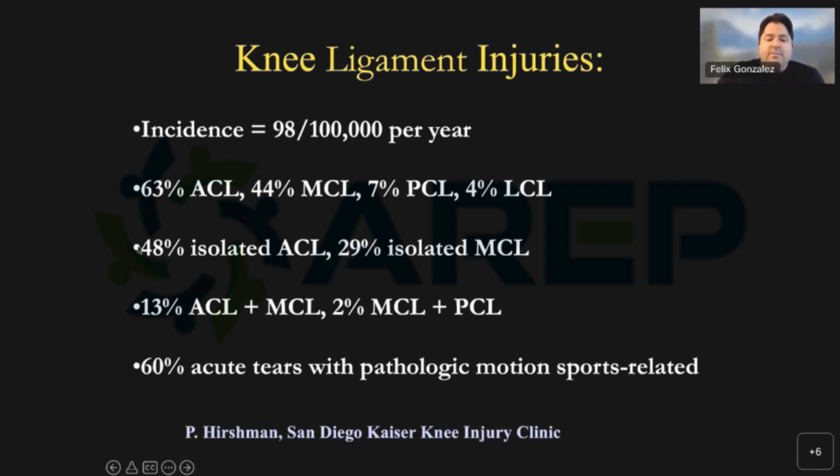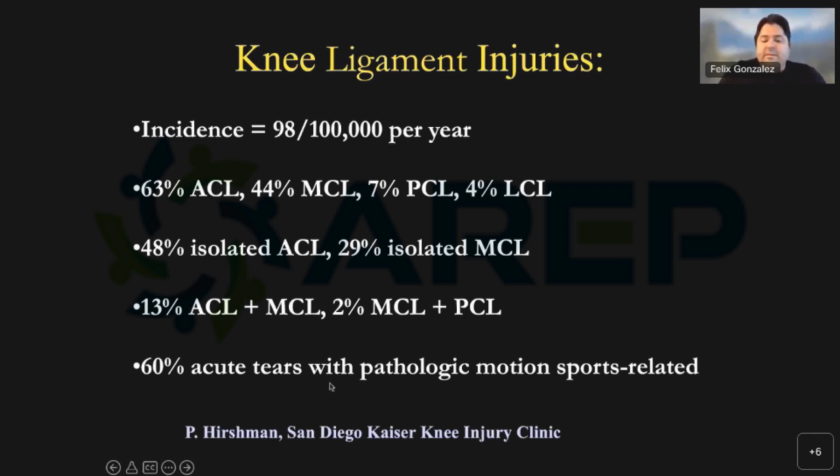To simplify this statistical information, almost 50% of those injuries are isolated to the ACL, and almost 30% are isolated to the MCL. And then you have the concomitant injuries: about 13% have ACL and MCL injuries together, and only 2% of MCL injuries also involve the posterior cruciate ligament.